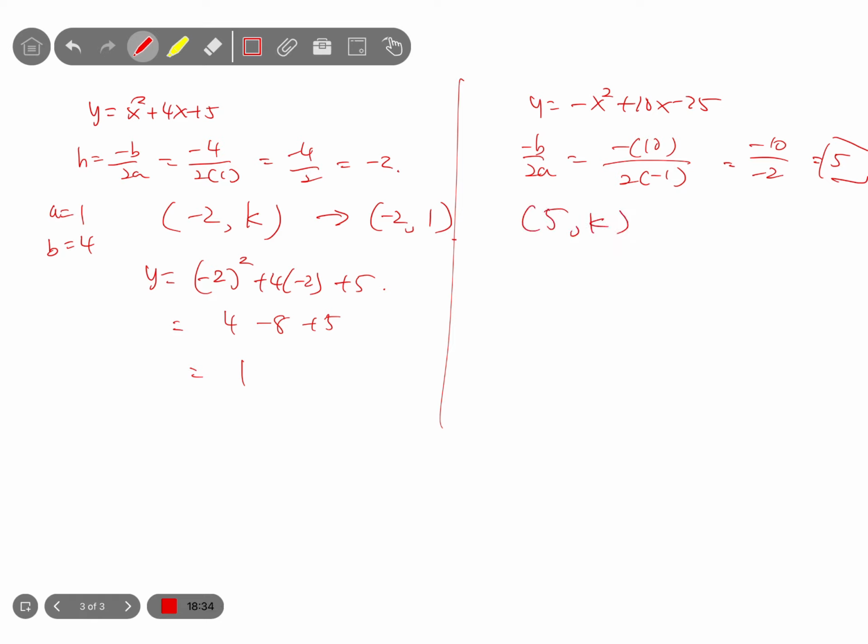So plug 5 into the equation. I get y equals negative 5 squared plus 10 times 5 minus 25. So this is negative 25 plus 50 minus 25, which is 0.